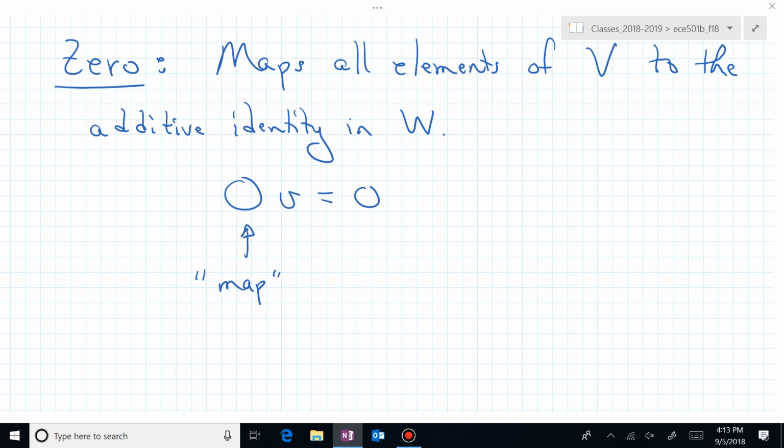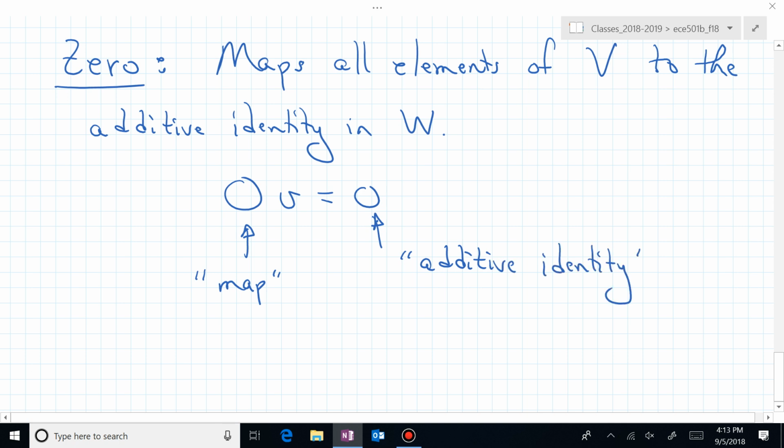It operates on V, and what does it produce over here? Is it a map? No, that's the additive identity, isn't it? In W. This is the zero vector. Whatever the zero vector means in W. So 0 is the additive identity in the output space W.